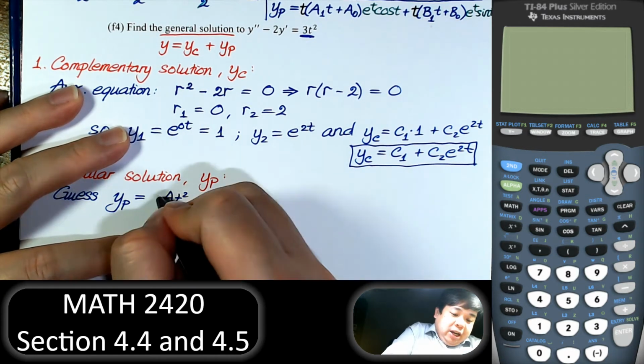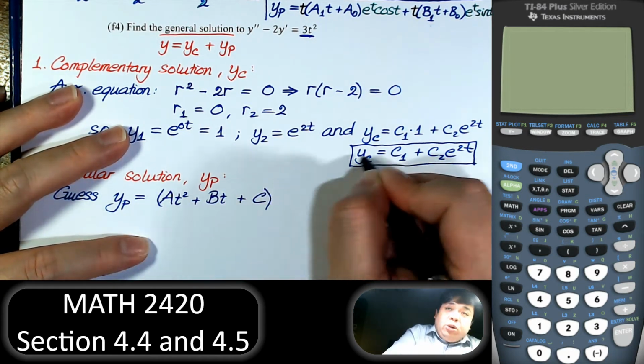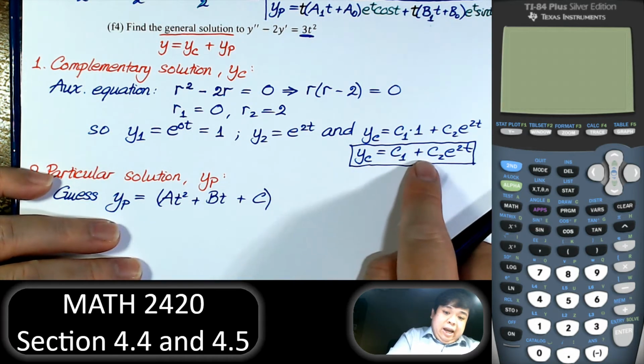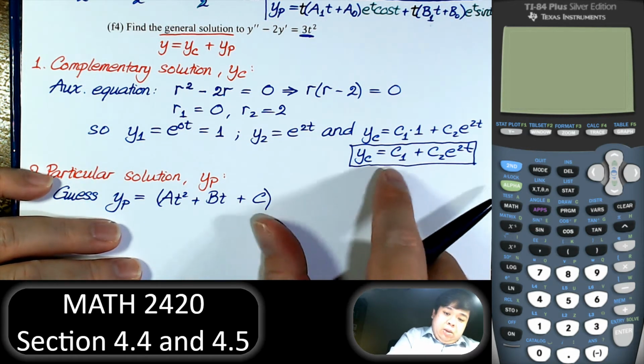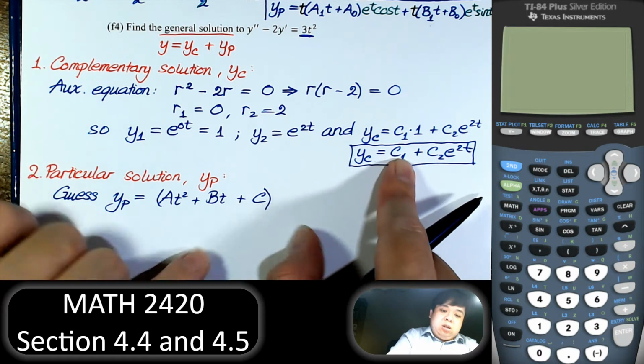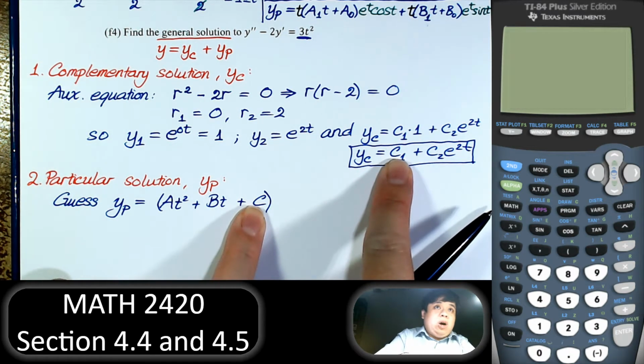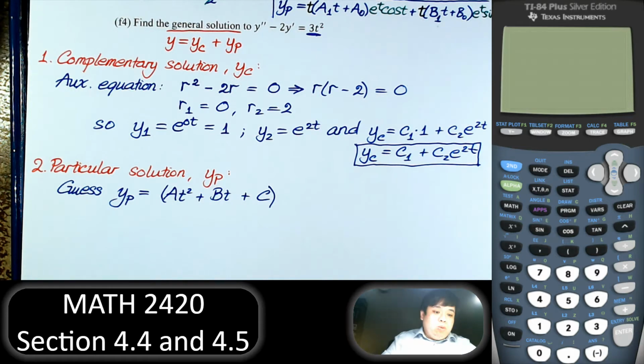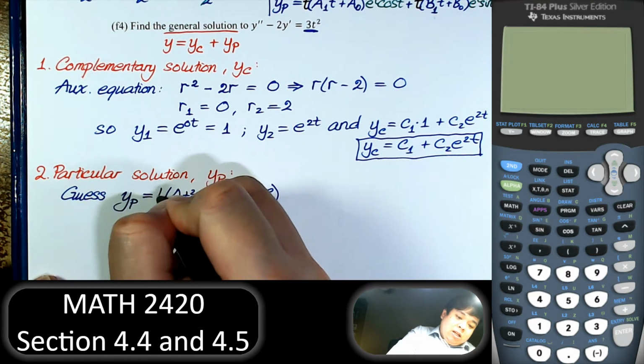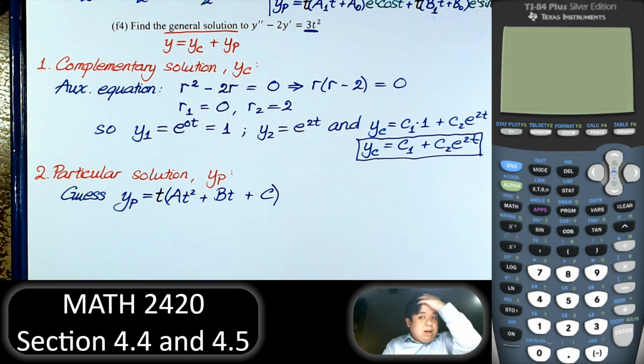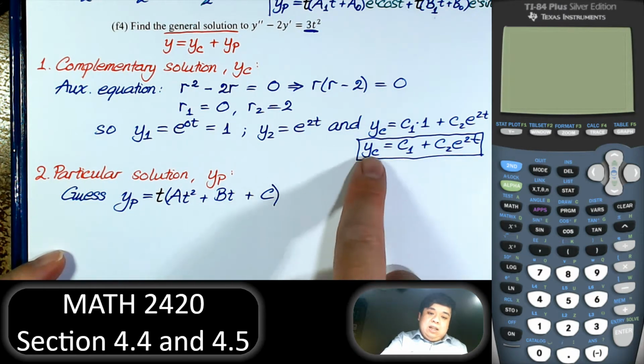Now, is that linearly independent to the complementary solution? The answer is no, because we have a constant and we have a constant. Both of those are constants, so they are not linearly independent. To make them linearly independent, I need to multiply by a t there. So in that case, it would not be the same.